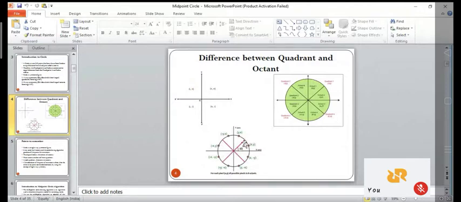You just have to change the sign conventions and see in which quadrant it is going to lie. Now why is this possible? Since the circle is symmetric in structure, that means all the parts are the same in size, so the points are also going to be the same, just the signs are going to change. So that's how you find out the points for one octant and you change the sign conventions for the rest of the octants.